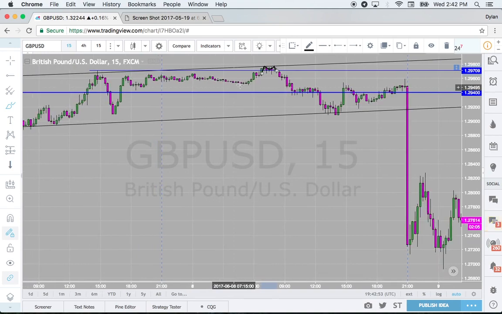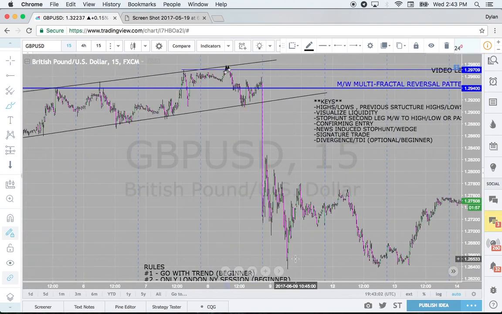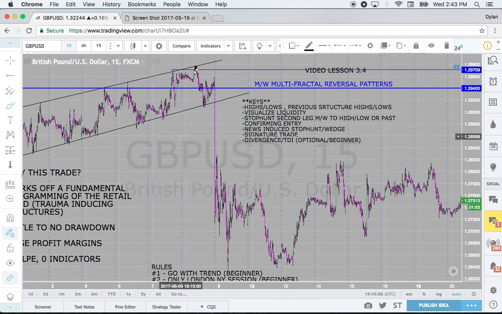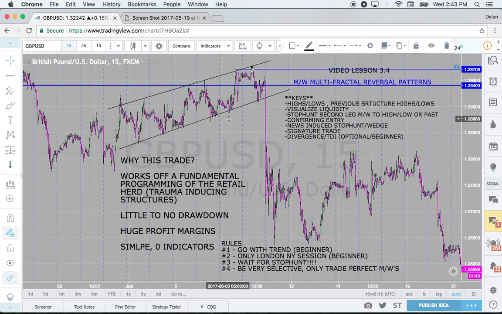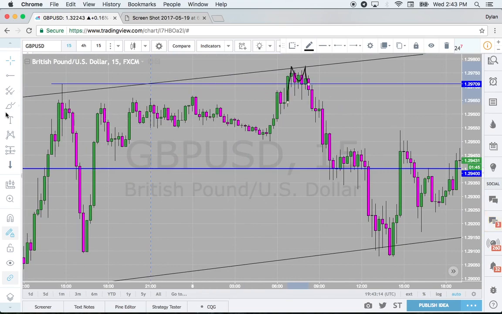You could have taken that off of the high as a sell and then waited a day and a half and caught those 300 pips. So with very little drawdown.